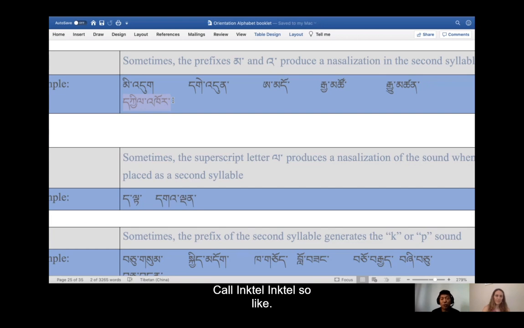Jingkor. So like a nga sound, jingkor. Some people read jilkor, they read the la, the suffix, jilkor, but jingkor is for ease, right? Jingkor.